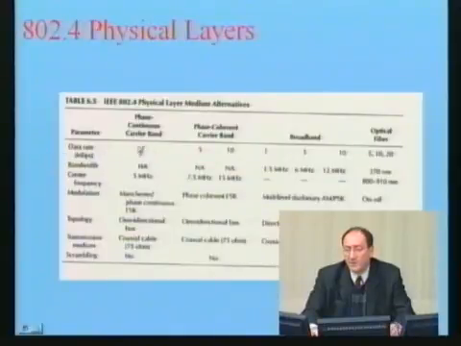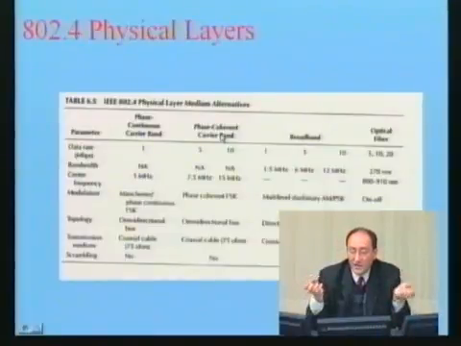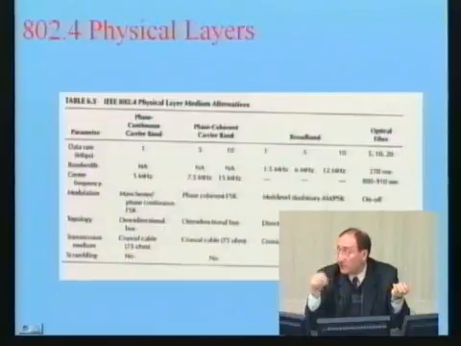You have 1 megabit per second for carrier band, okay? 5 and 10 megabit per second for carrier band coherent, which is more complex receiver. Coherent means receiver and transmitter are synchronized. Non-coherent means receiver and transmitter are not synchronized in terms of the carrier.